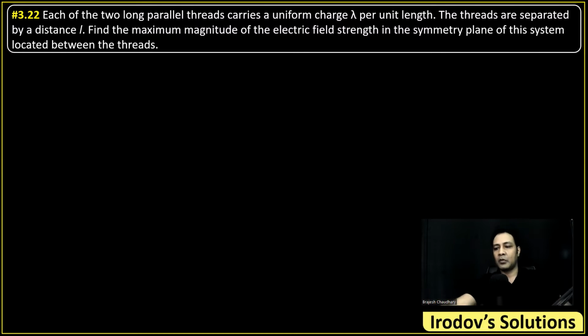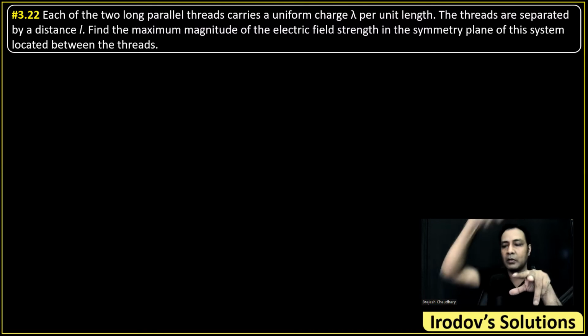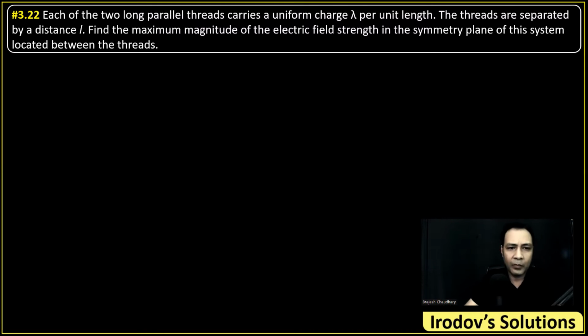and then the maximum magnitude of the electric field. It would be better to keep the wires in this orientation, and calculate the electric field along the line joining them and perpendicular to that.